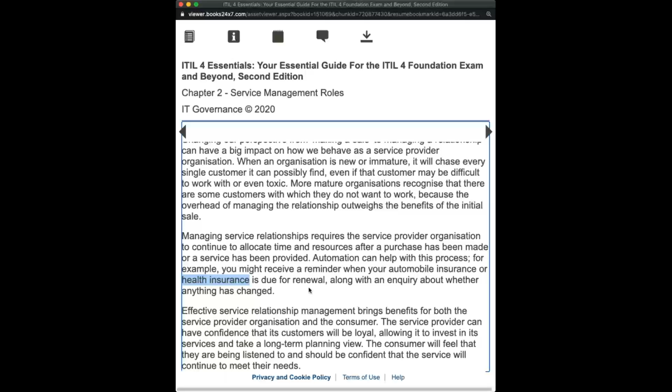Okay, so that's also a service, that notification. Effective service relationship management brings benefit to both the organization and the consumer. And the plan is, the organization wants customers to be loyal to their brand, right? So they should plan for a long-term relationship.